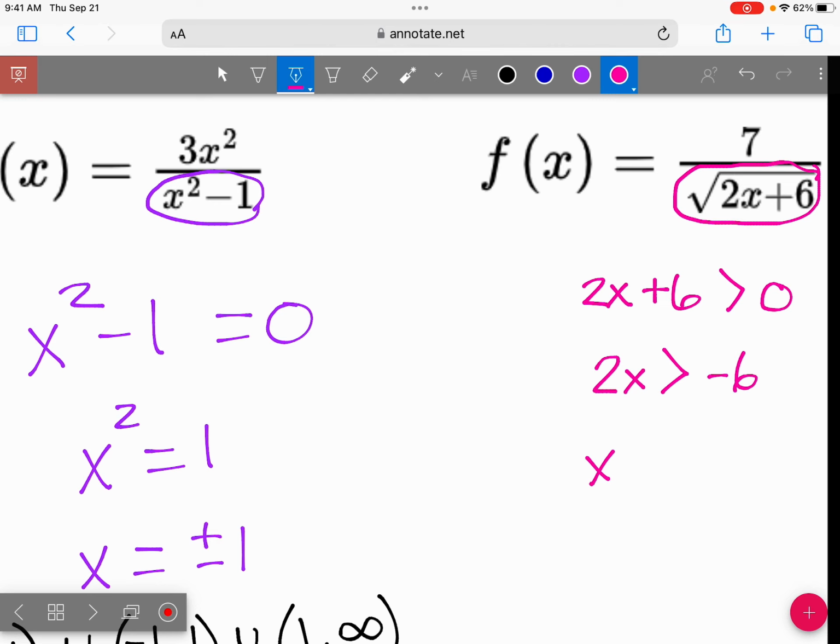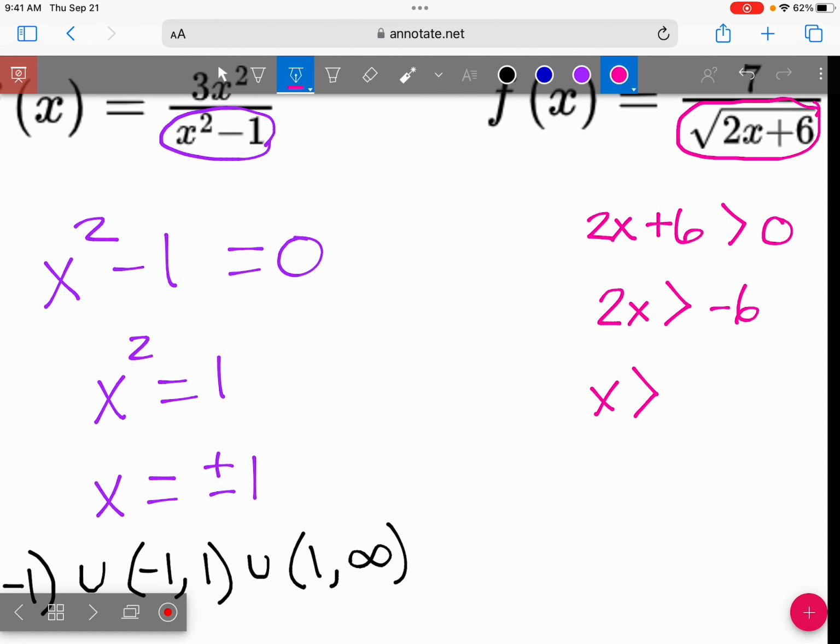So x is greater than negative 6 over 2. Simplify it down to negative 3. I got you. It's okay. If we take the step, we take the step, and that's okay.